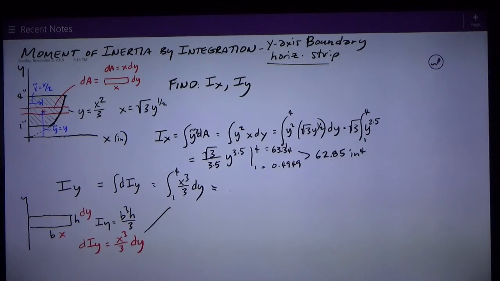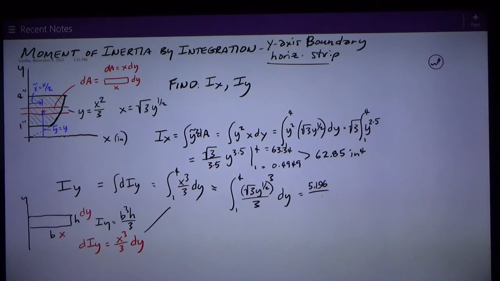So that's equal to the integral from 1 to 4. Well, x is equal to the square root of 3 times y to the 1/2 power, as I rearranged up there. I've got to cube that and then divide by 3, and it's all with respect to dy. So that works out to be square root of 3 cubed, which is 5.196.